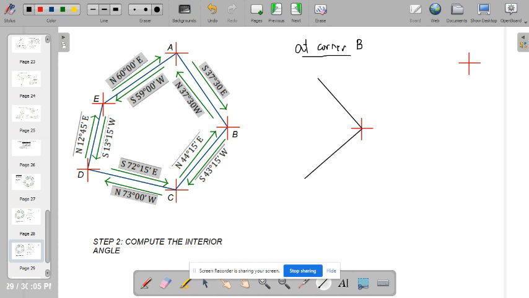So this angle is of 37 degrees 30 minutes.